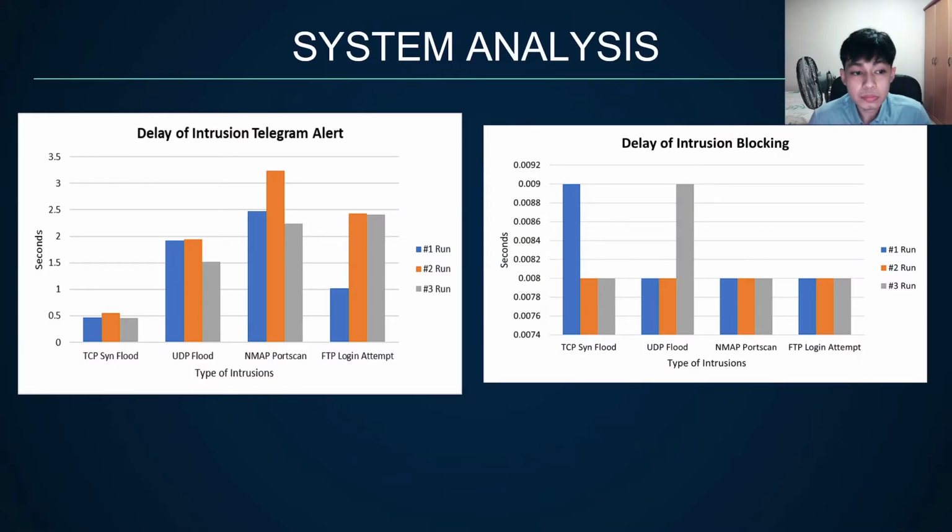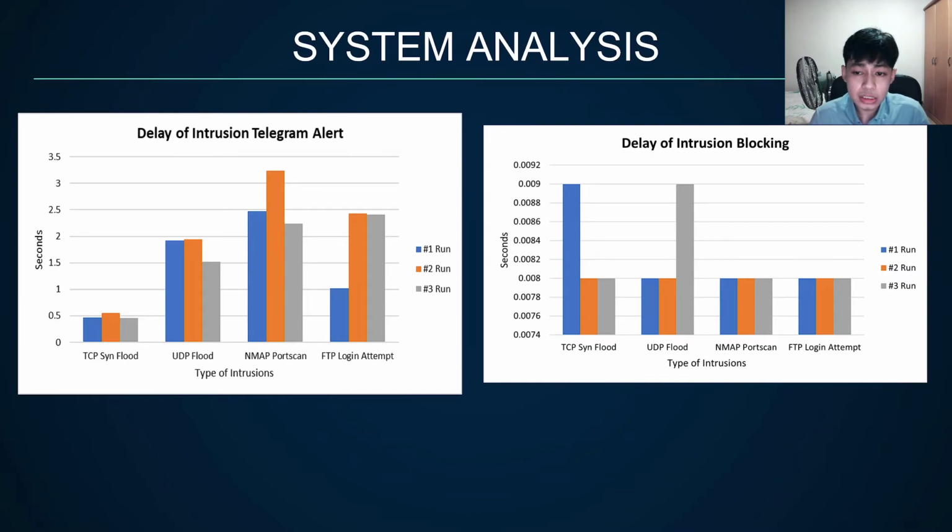For the system, there are two types of delay. The first one is the delay of the intrusion Telegram alert. This is the time it takes for the IRS host to send to Telegram, and it shows that the Nmap port scan takes the longest, around 3 seconds to send to Telegram, and the SIM only takes around 0.5 seconds.